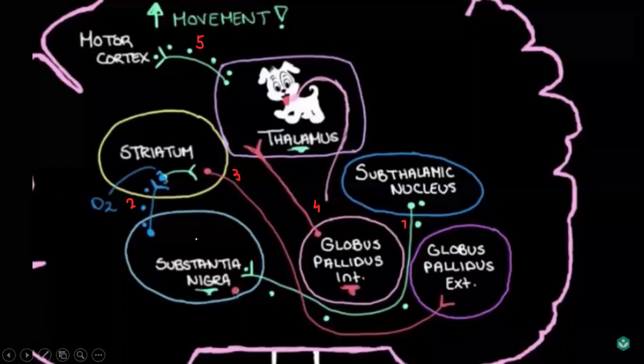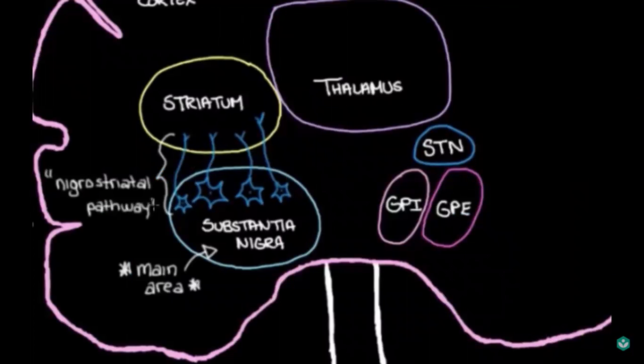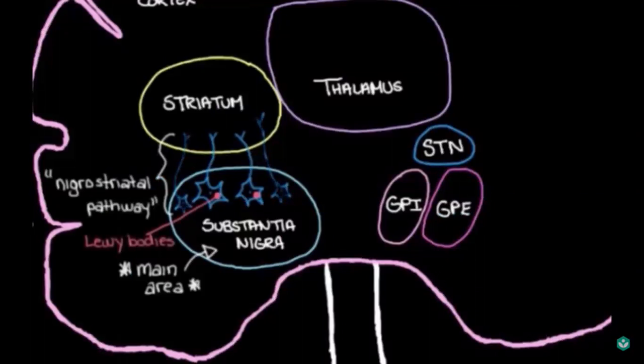So what we need to understand from this is that substantia nigra in both direct and indirect pathway is ultimately resulting in some amount of movement in the body. So in case of Parkinson's disease, there's mainly a problem in the nigrostriatal pathway. There is a depletion of neurons in the nigrostriatal pathway, and also formation of Lewy bodies.